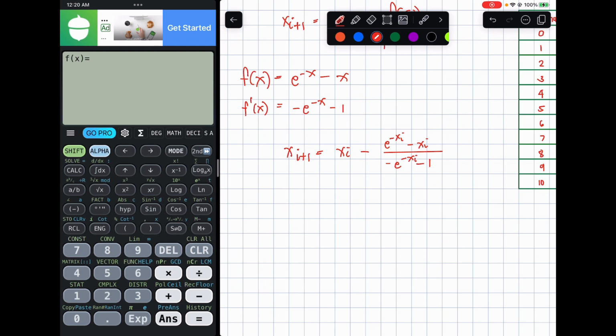Our given function then will be alpha x minus shift e raised to negative alpha x minus alpha x over negative shift e negative alpha x minus 1.